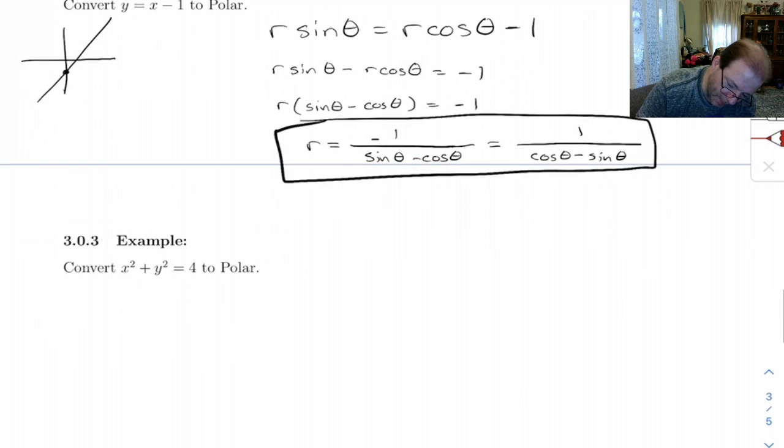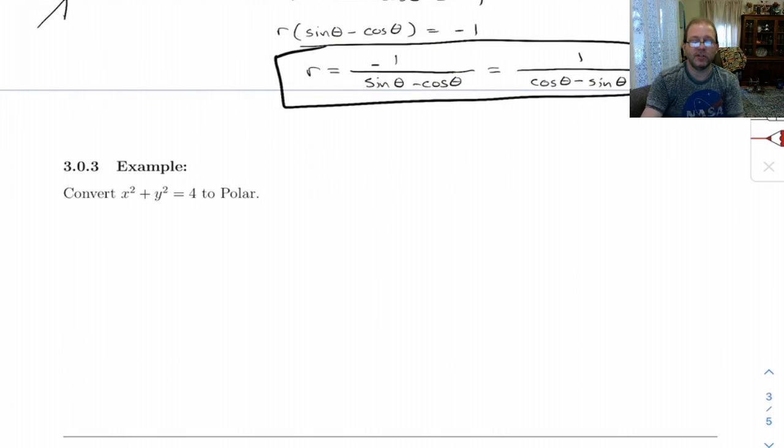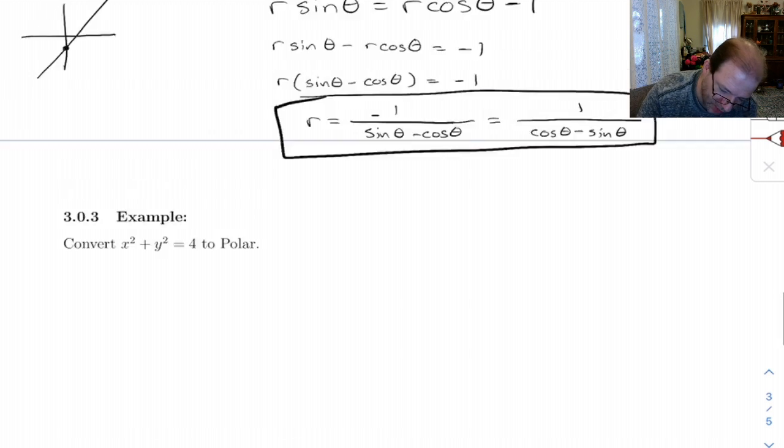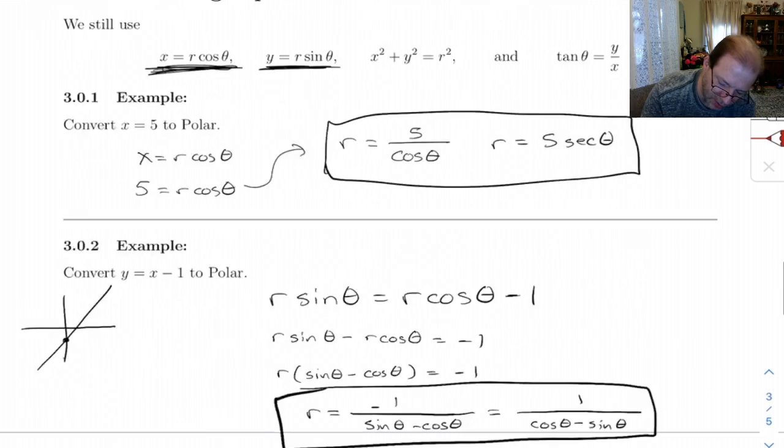All right, what about this one? Convert x squared plus y squared equals 4 to polar. Honestly, I've left a lot more space here than we need. Actually, maybe I will use the space because I want to do this a couple of ways. The easiest way is to come back up here and grab this: x squared plus y squared equals r squared.